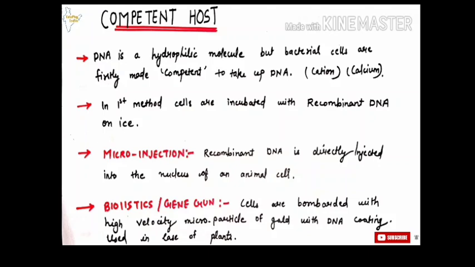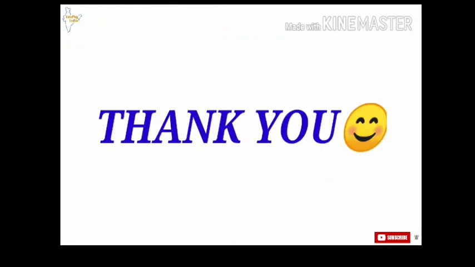Earlier, in one atom experiment, we studied the gun in which alpha particles were emitted onto a foil. In the same way, in biolistics there is a gene gun where the cells are bombarded with high velocity microparticles of gold with DNA coating. So they carry DNA, which helps it enter the cell. This is useful in the case of plants.